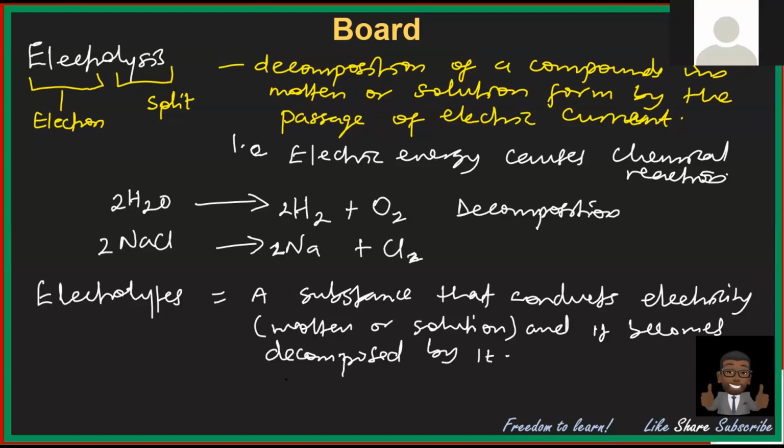Usually, ionic compounds are good electrolytes, and acids. Some covalent compounds are also good electrolytes. Acids are covalent compounds, but they are good electrolytes because they are compounds of intermediate character.